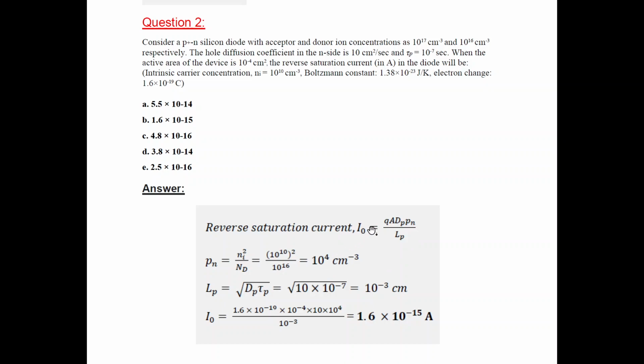That means q is 1.6 into 10 to the minus 19 coulomb, cross a, cross Dp, cross pn, that is 10 to the minus 4 cross 10 cross 10 to the power 4, what we have calculated. Then we put the value of Lp in the formula, all these things are cancelled out, and the answer is 1.6 into 10 to the power minus 15 ampere. That means the correct option is option B.